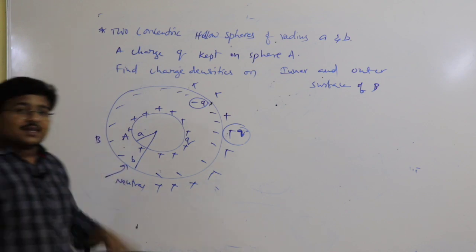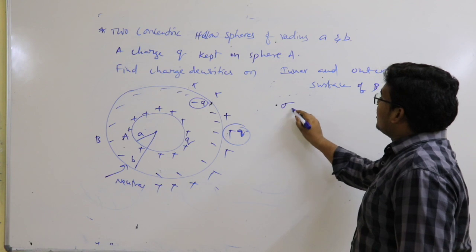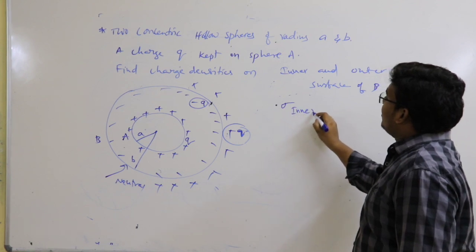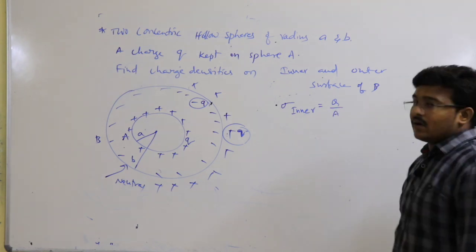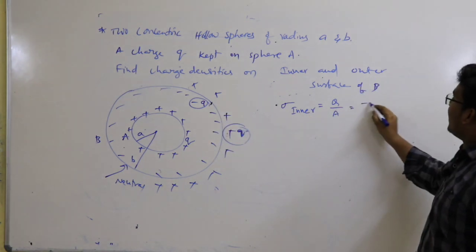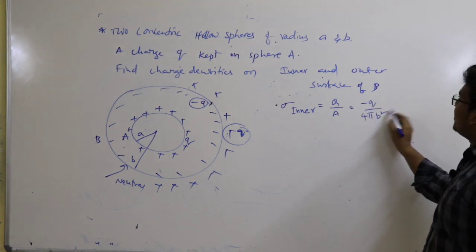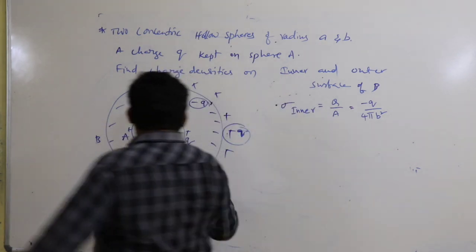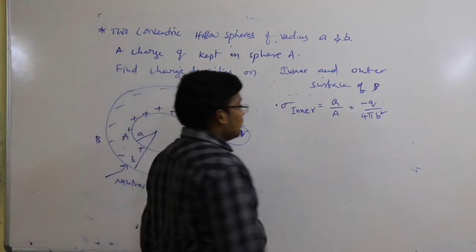Now they are asking for the surface charge density. The formula: surface charge density is charge upon area. Now what is the inner surface charge? Minus Q. What is the area of the surface? 4 pi b square, because this is a sphere whose radius is b. So the area of the sphere is 4 pi b square, 4 pi r square.